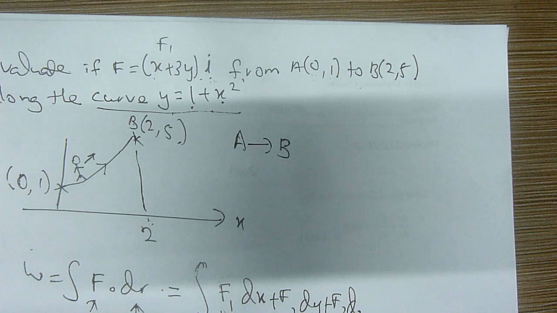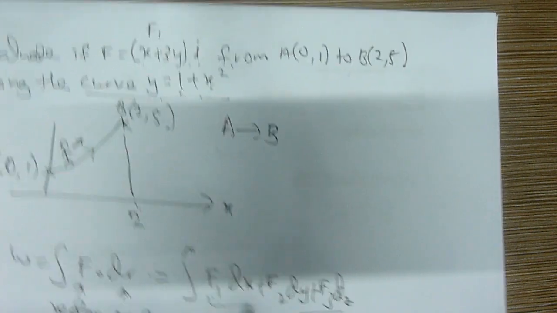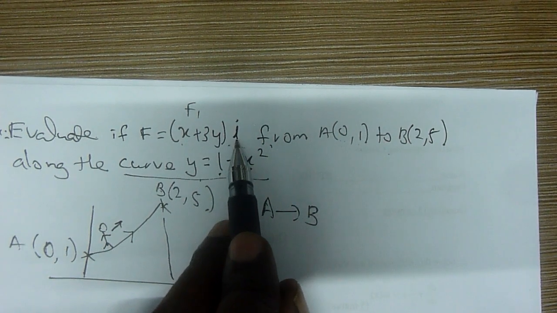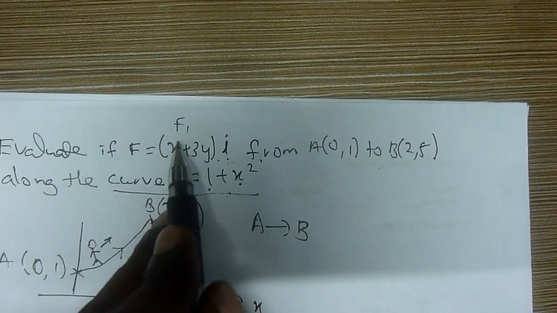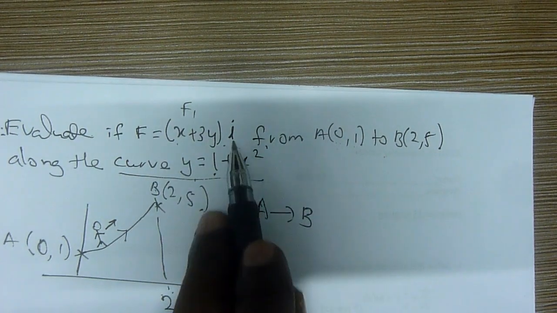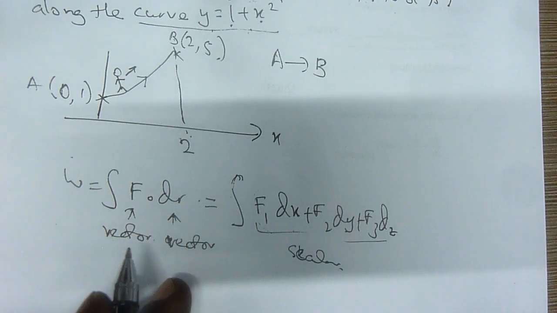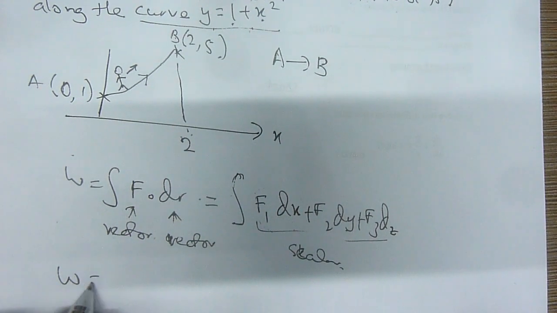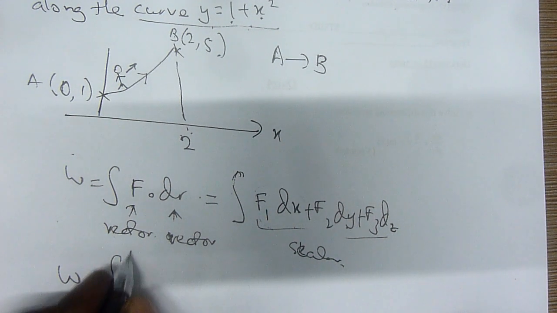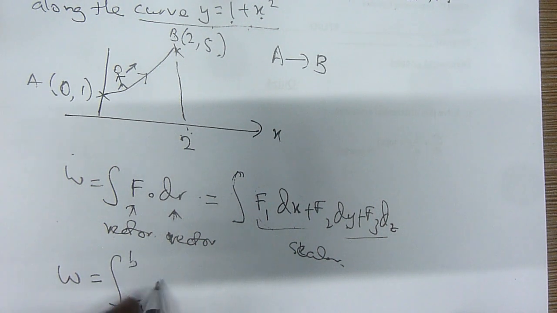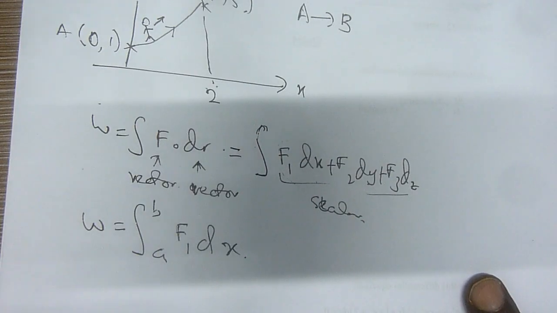Can you follow me? Again, you see this is i. We got only f1, very obvious, which refers to dx. Therefore, we're going to use this formula: the work can be calculated from A to B, whereby I calculate f1 with respect to dx.